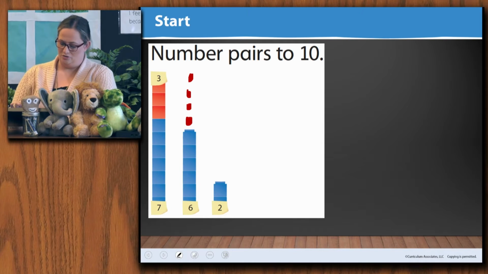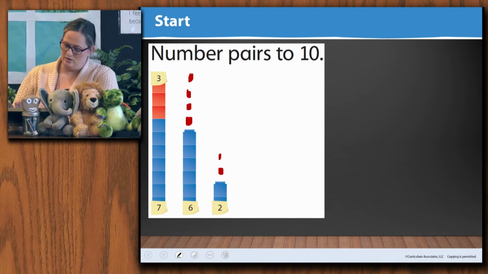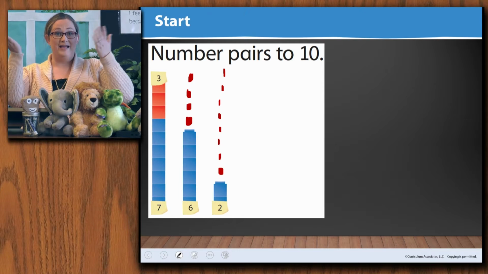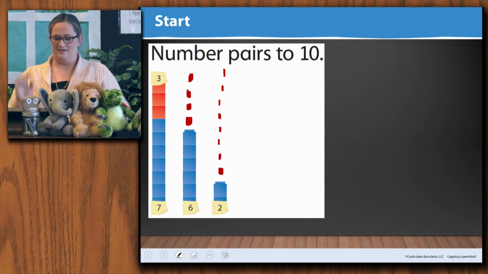Okay, 2, 3, 4, 5, 6, 7, 8, 9, 10. How many dots did I draw? 1, 2, 3, 4, 5, 6, 7, 8. 2 and 8 make 10.